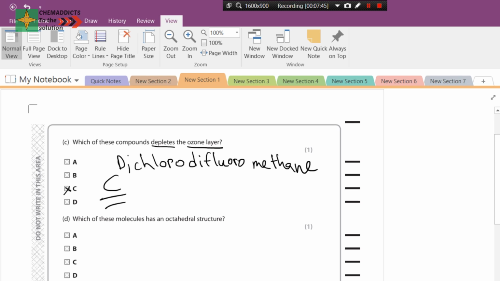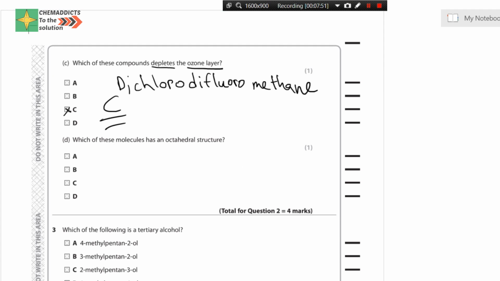Now let's move on to the next question. The next question is pretty straightforward: which of these molecules has an octahedral structure? Previously we have discussed the shape of the molecule, so let's once again have a look at the shape of the molecule.